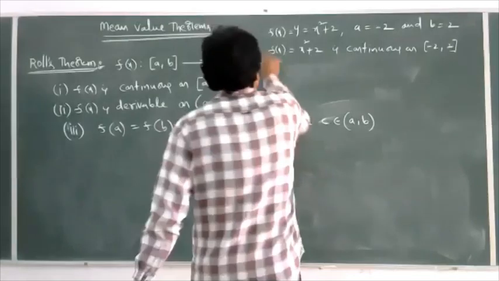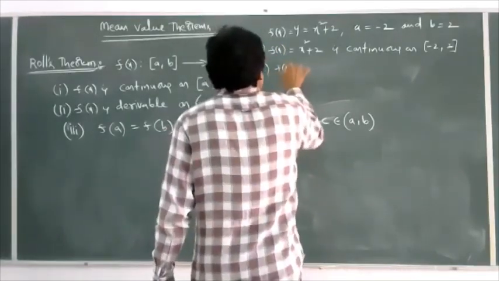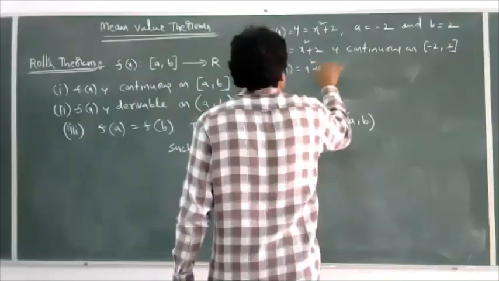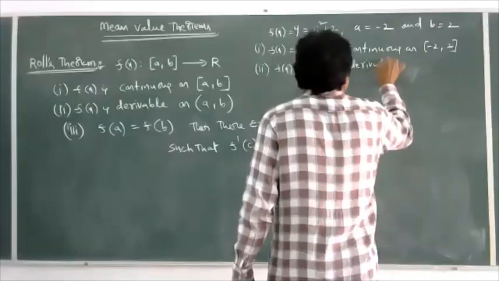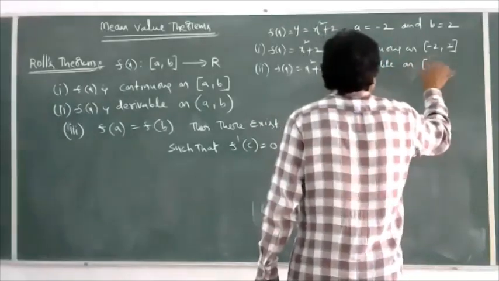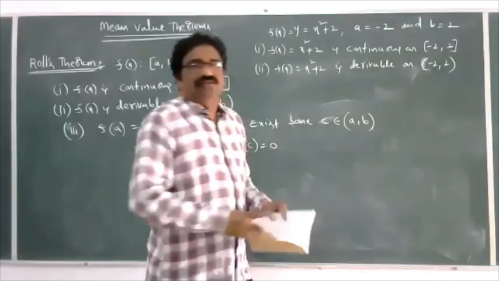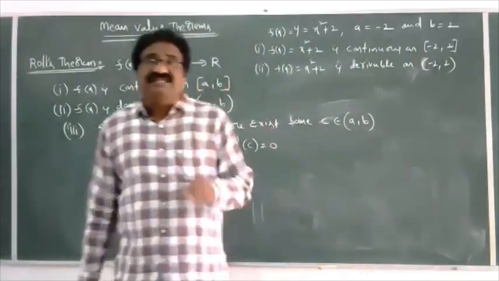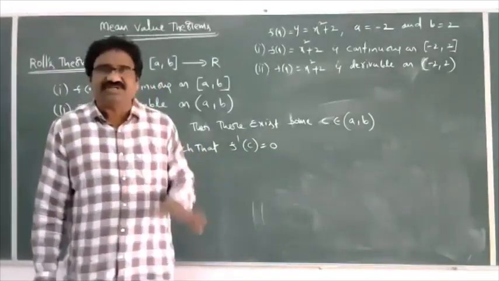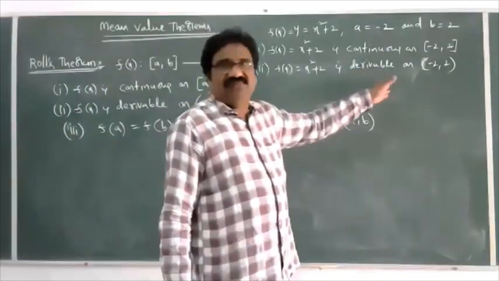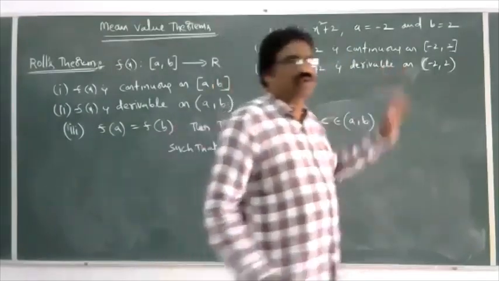Second point, f of x is equal to x square plus 2 is derivable on open minus 2 comma 2. Every polynomial function is differentiable on all real numbers, that's why f of x is derivable on open minus 2 comma 2.